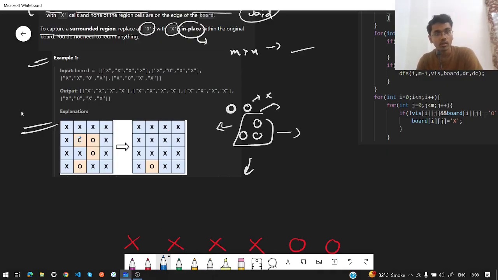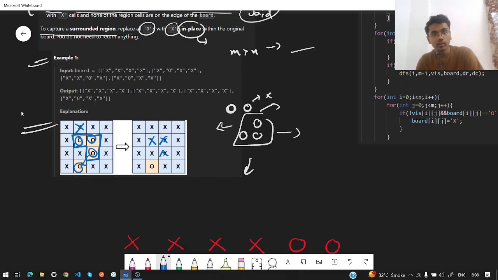In this example you can see that these 3 O's are connected either horizontally or vertically. This other one is not connected because it is diagonal to this O. We can replace these O's with X because these 3 O's are surrounded by X in all the directions.